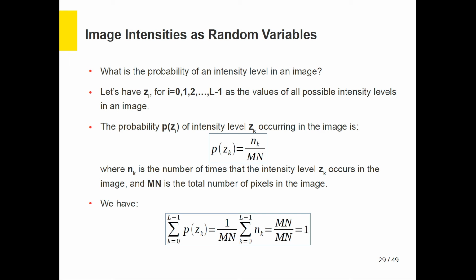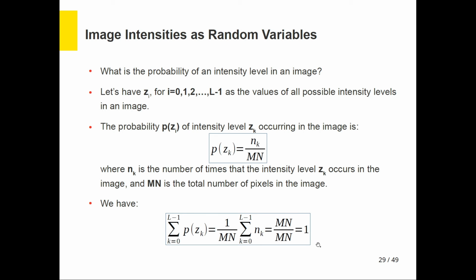If we do that for any image, we can define the probability p(z_i), which is basically the probability of occurrence of intensity level z_i in the image. The way that we define this probability is by counting the number of pixels for which we have the intensity level z_k divided by the total number of pixels in the image. The concept is very simple, but as you will see later, it has a wide range of application.